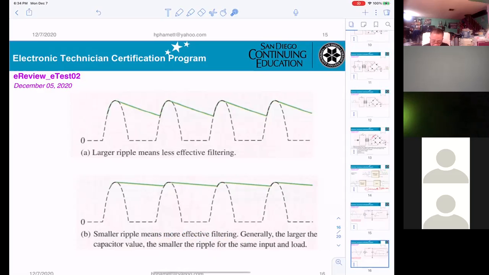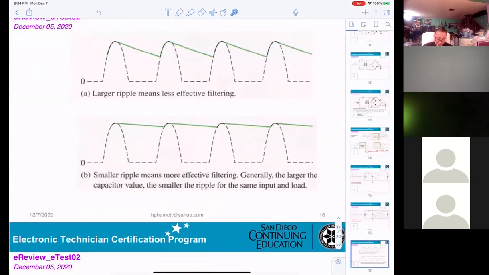Generally, the larger the capacitor value, the smaller the ripple for the same input and load. A bigger capacitor will be discharged slower. That's very good to memorize.